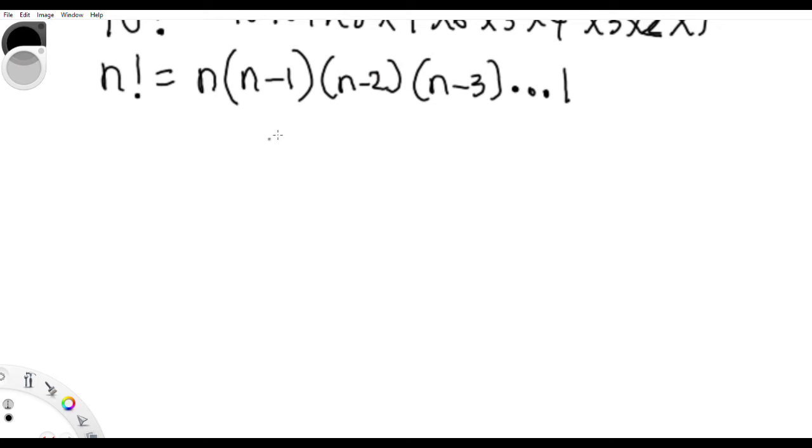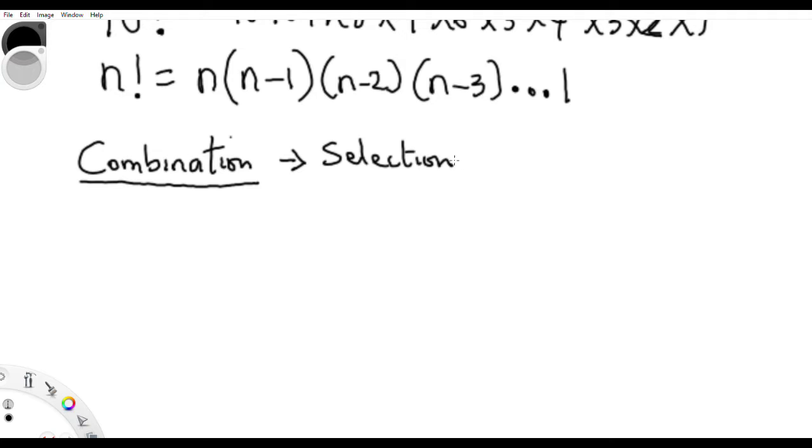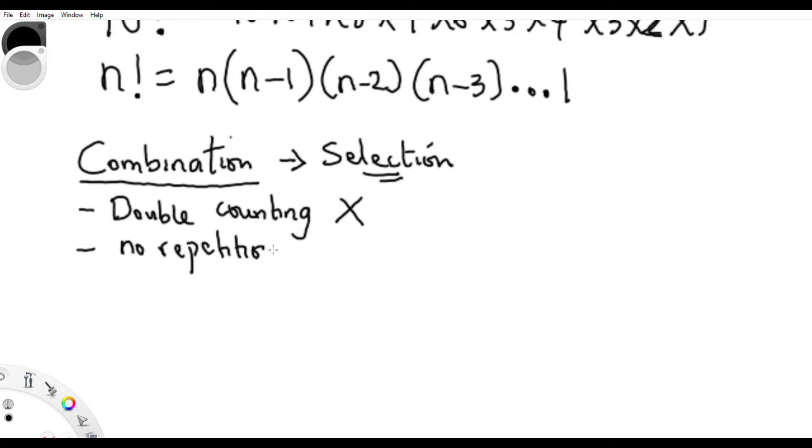Now combination deals with selection, because it doesn't allow double counting, no repetition. So that's selection.